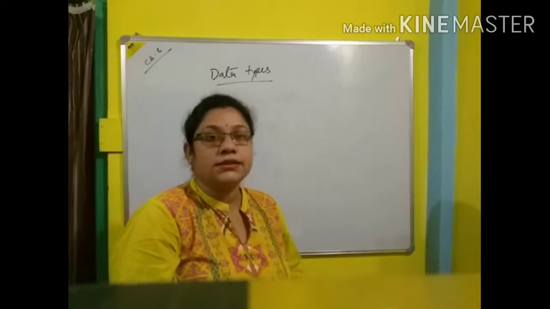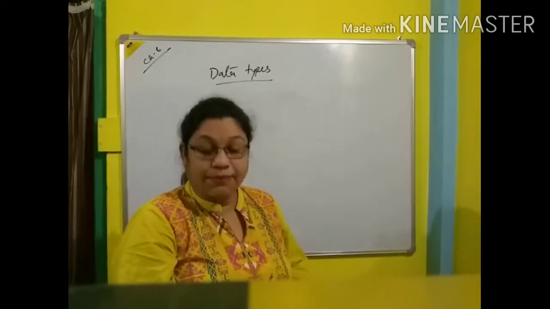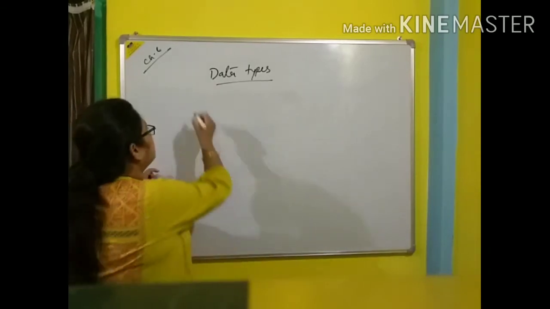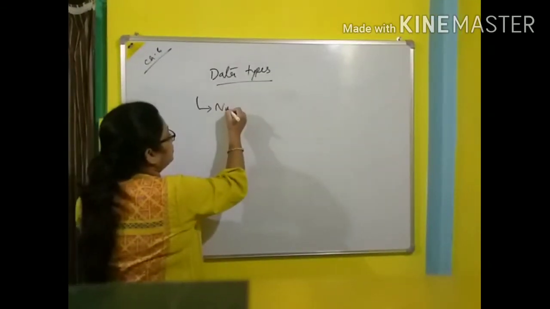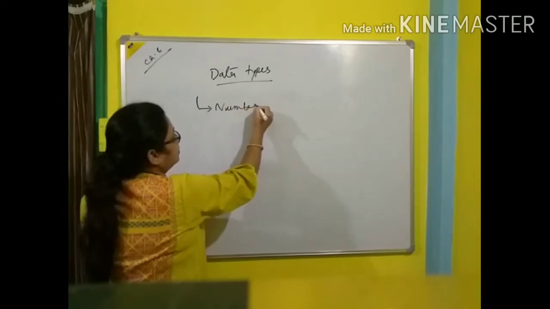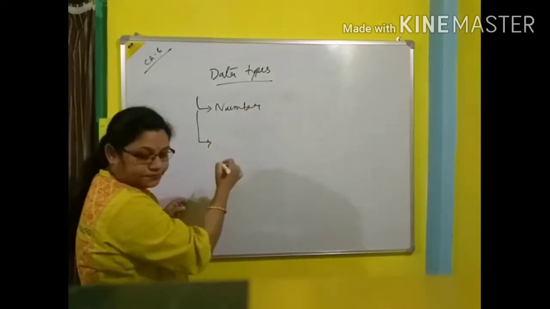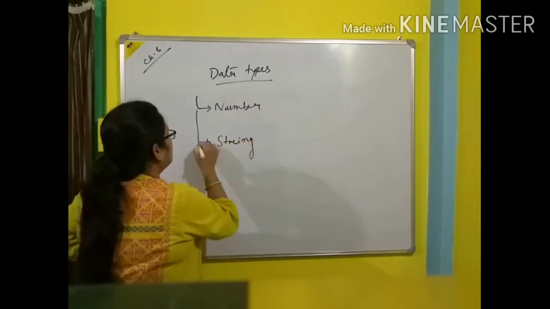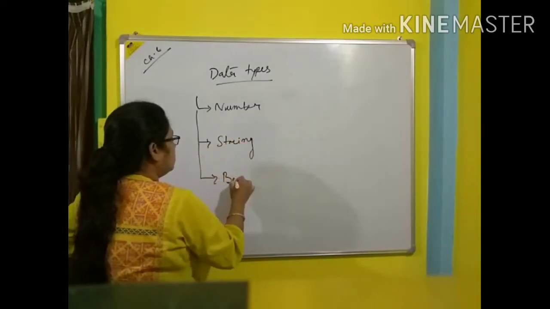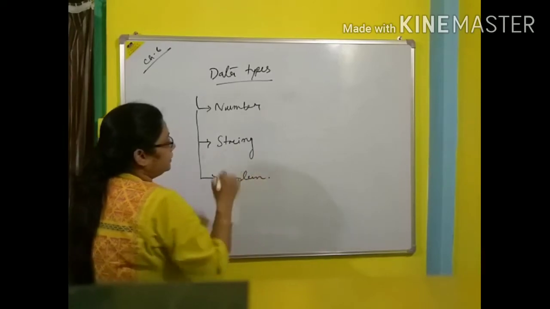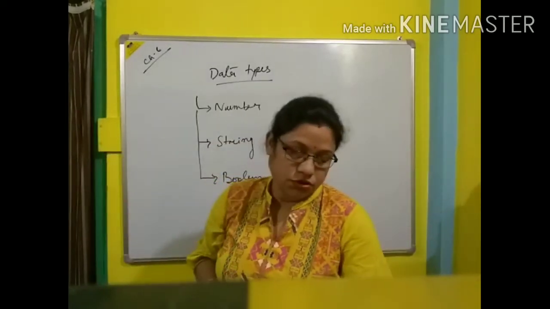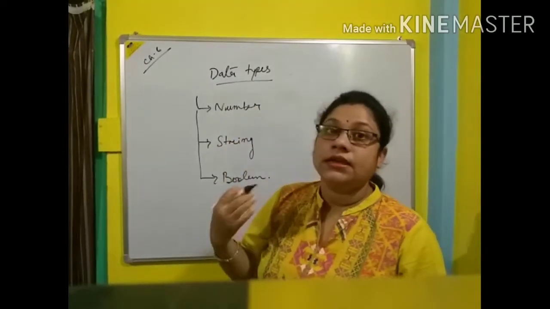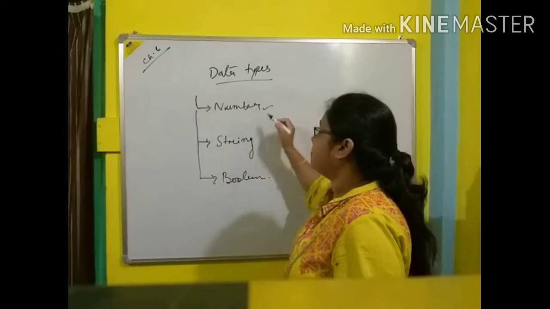JavaScript has three different types of data types: number, after that string, after that boolean. So we have three different types of data types that are used in JavaScript code.